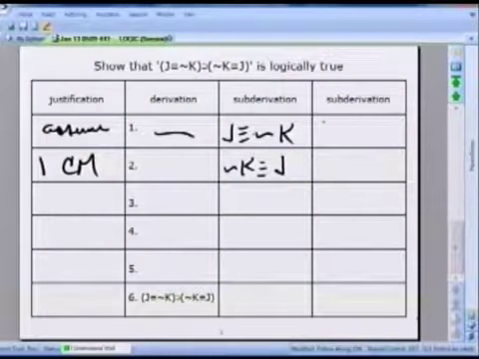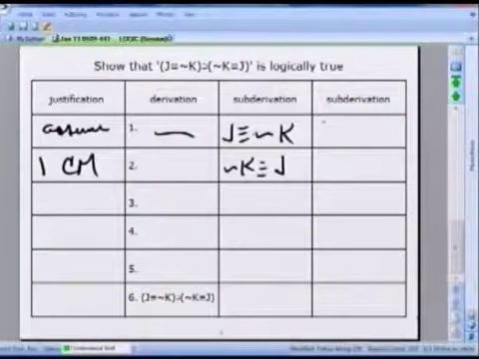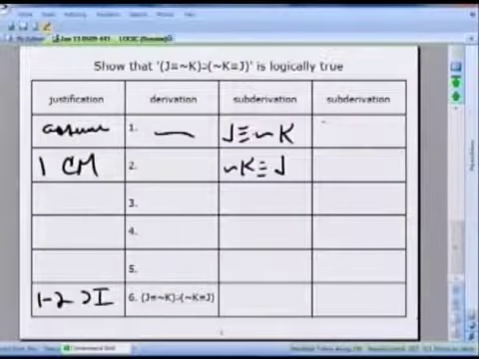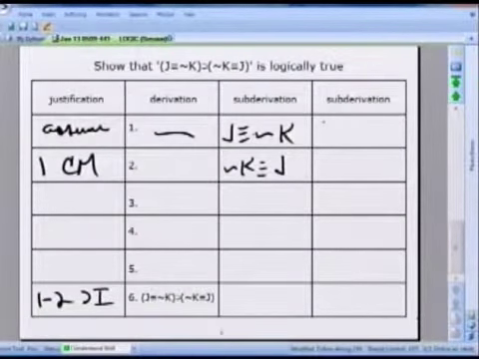Look at the commutation, the CM rule. And then how would you get 6? 1 through 2. All right, sure. 1 dash 2, horseshoe introduction. That's all you need. Okay, is that clear? But I want to look at this another way.